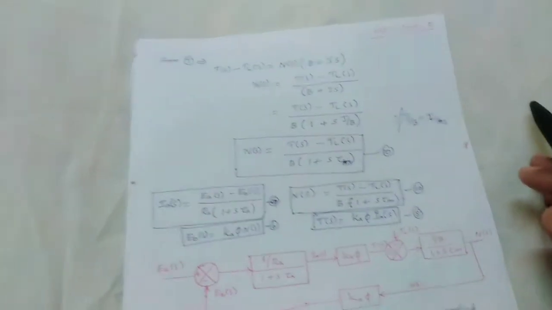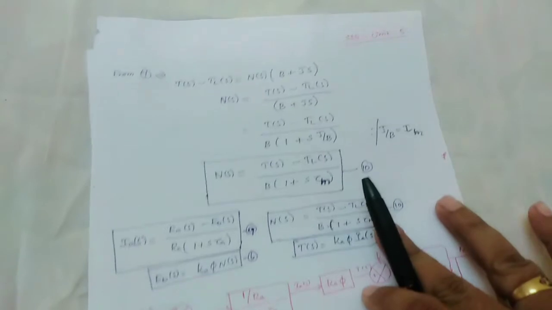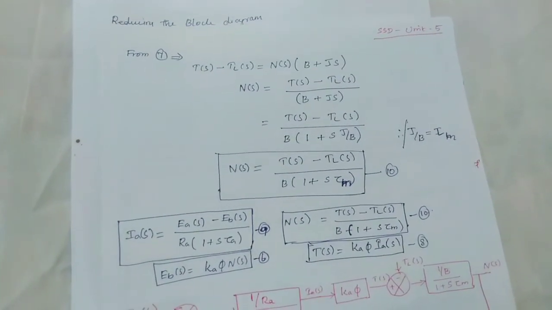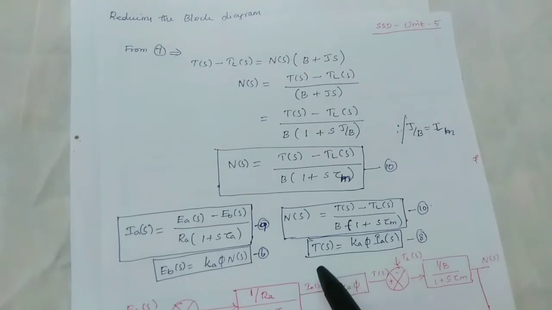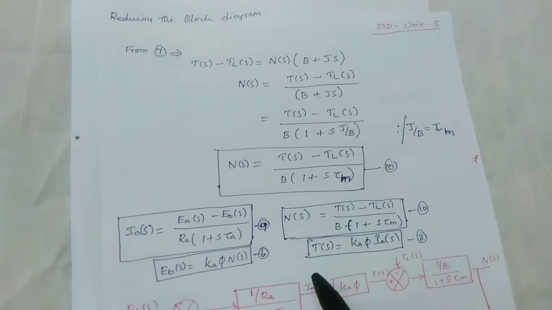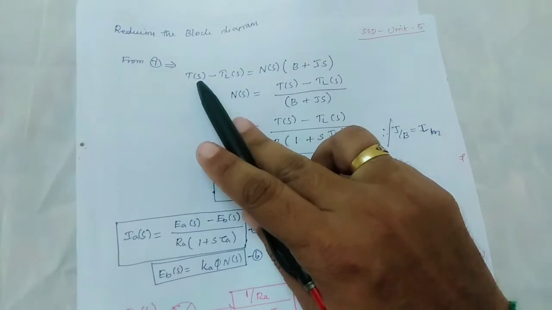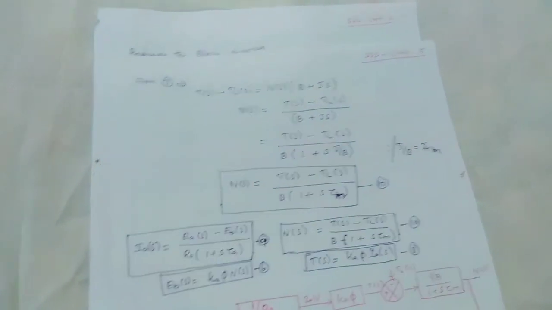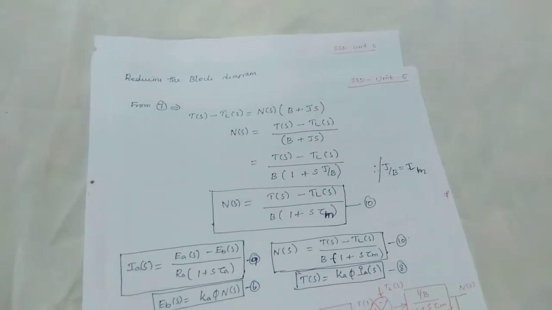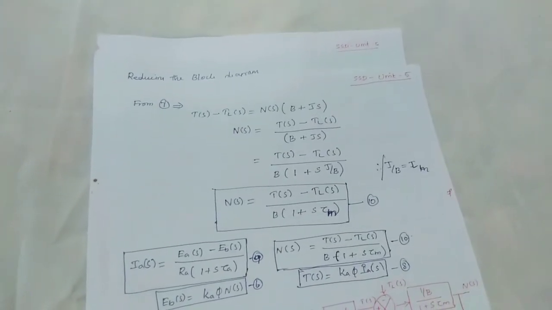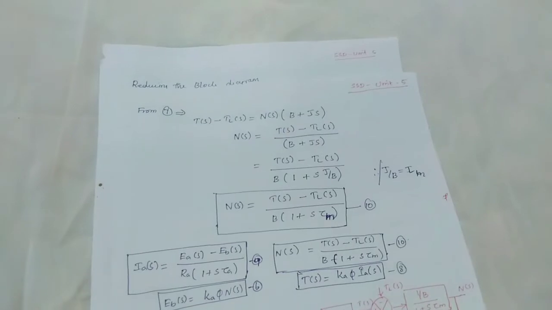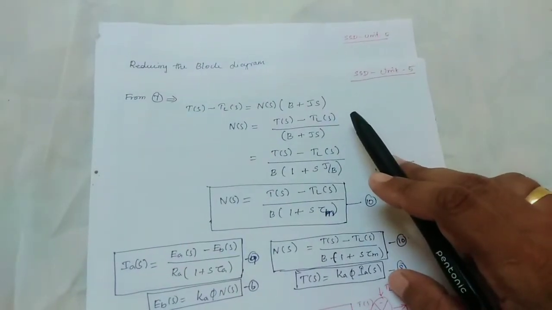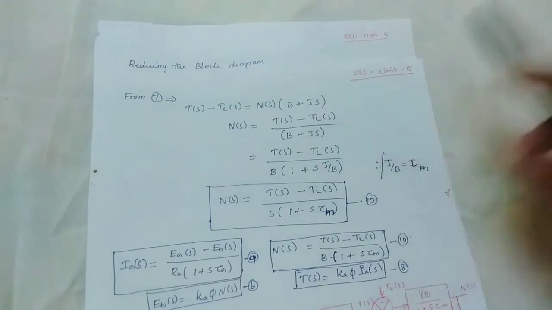And now we are taking equation number 7 for the next simplification, one term from electrical analysis and another term from mechanical analysis. So equation number 7 is T of s minus TL of s is equal to N of s into B plus J of s.